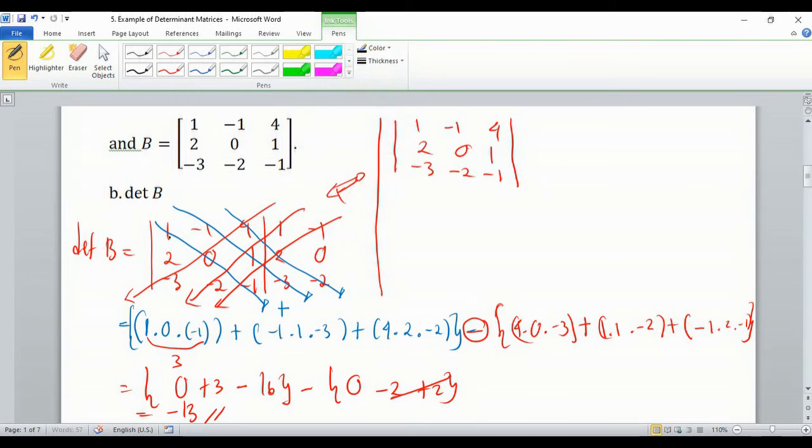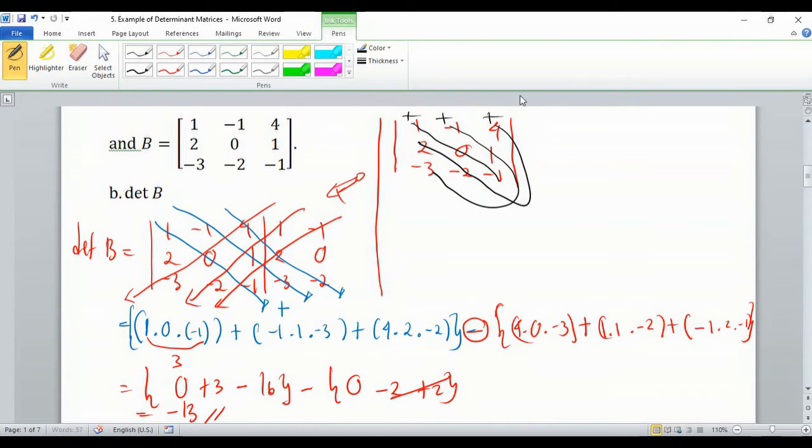Remember, 1, 0 meet the minus 1. After that, minus 1 meet 1 meet the minus 3. After that, 4 meeting the 2, minus 2. So when you make this symbol, you plus.